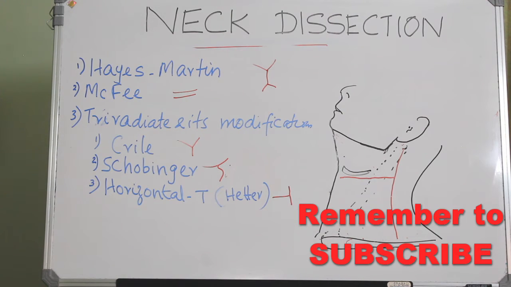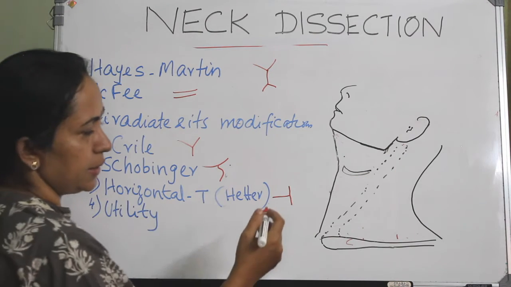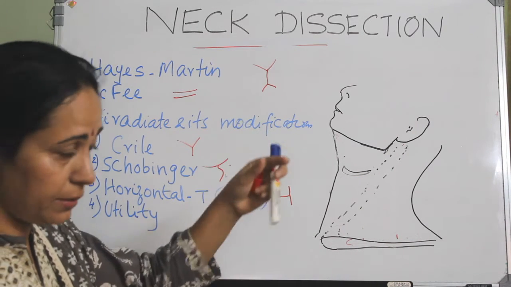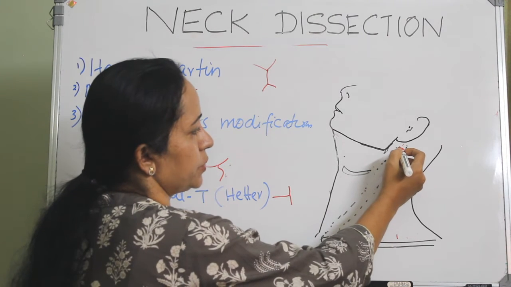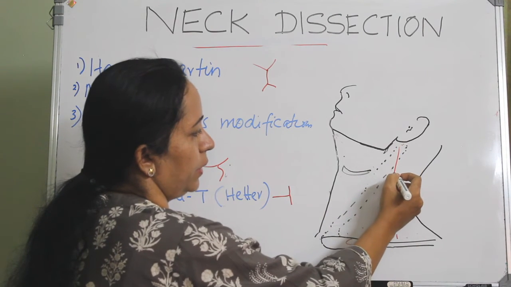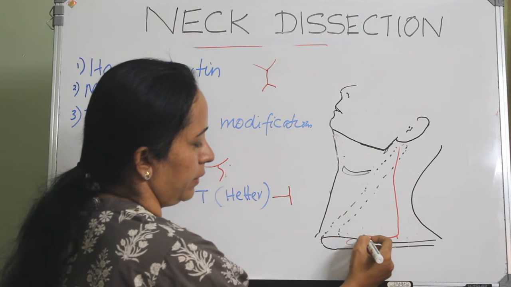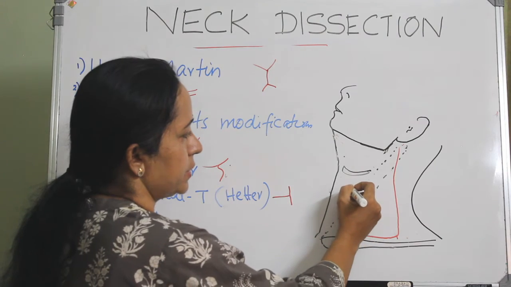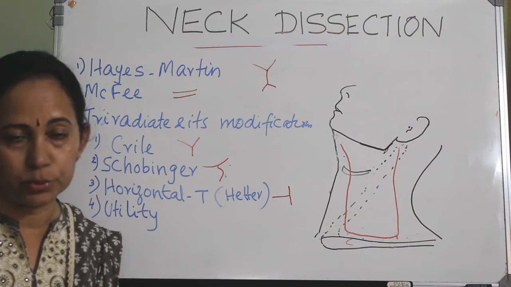And another one is a utility flap. The incision is similar to an apron incision, but a little bit different. It also starts from the mastoid process, coming down along the anterior border of trapezius, then anteriorly, then again it rises up, crosses the hyoid bone, reaching up to the submental area, up to the chin.